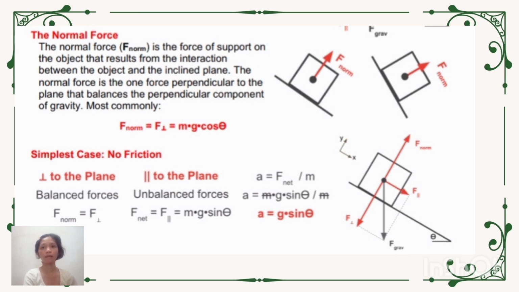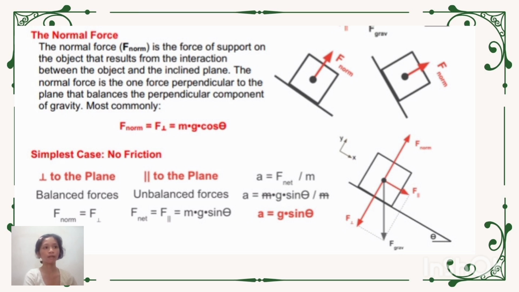So F norm and F perpendicular are always balanced, since the normal force supports the perpendicular component. Since they balance each other, the net force in this direction is zero, meaning the object does not accelerate into or away from the surface. Since they are balanced and there's no friction involved, the object stays put.